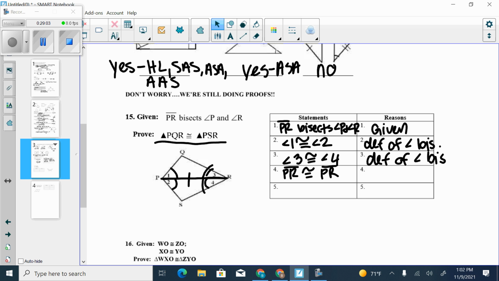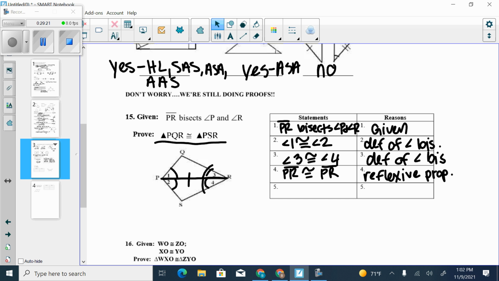And what property did we say that was? Reflexive property. Very good. Okay, so now we got two sets of angles and a side. So we do have three things, right?